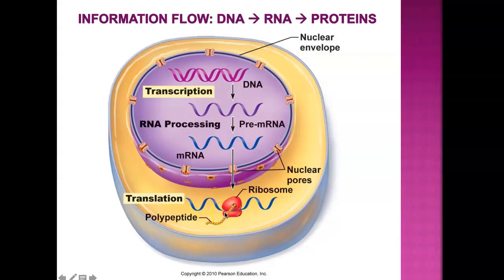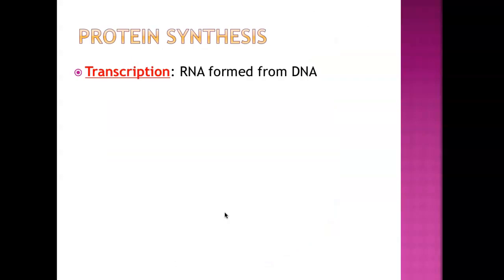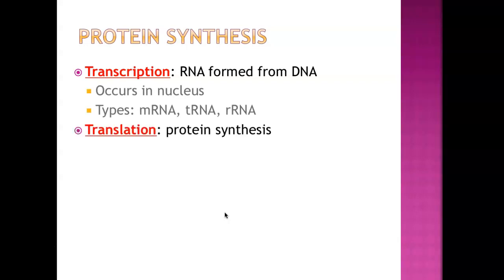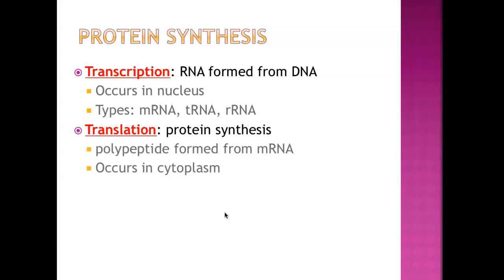All right, so what is DNA for? DNA is for the production of protein. It codes for proteins. All right. So transcription is the process by which RNA gets formed from DNA. Translation is when RNA basically gets translated into a protein.